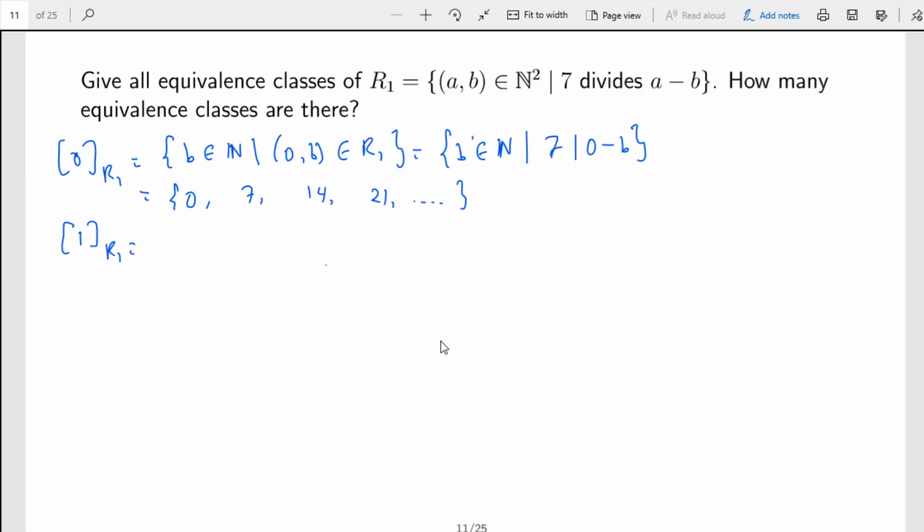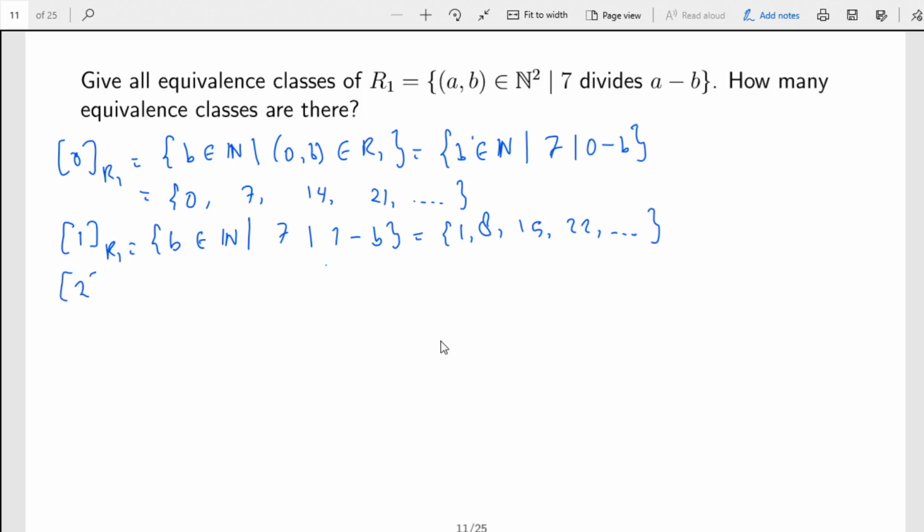Now how about 1? Similarly, this has to be the set of natural numbers b such that 7 divides 1 minus b, and this gives us 1, 8, 15, 22, and so on.